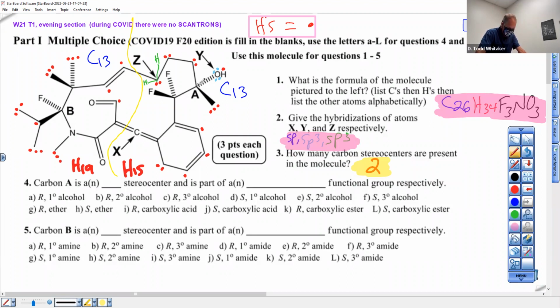There's your choices. Tertiary alcohol. And we got to do 1, 2, 3, 4. We'll do it in baby blue. And we're talking about A. So, baby blue.